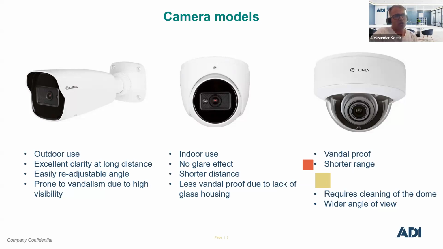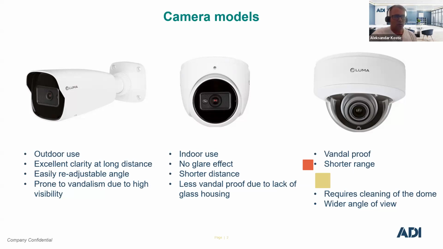Because of the protection dome, they would require occasional cleaning of the dome in order to keep clear vision from the camera itself. And it also provides quite a wide angle of view. But as I mentioned in the beginning, if we need the widest field of visibility with 360 degrees, then we go with a fisheye camera.